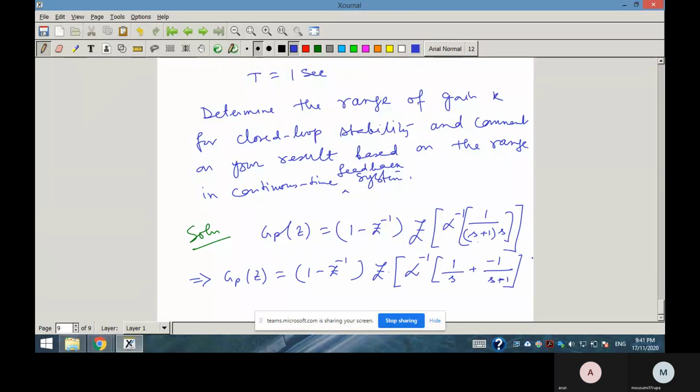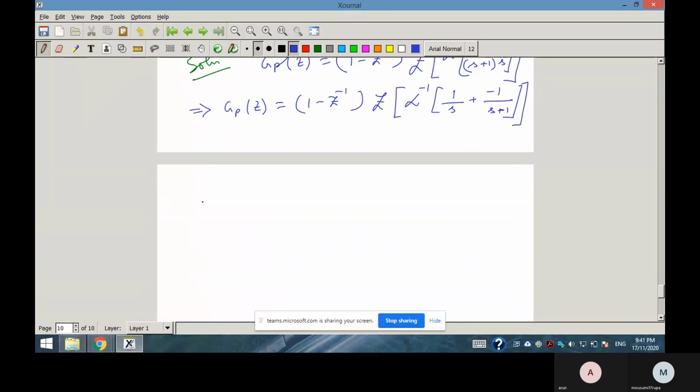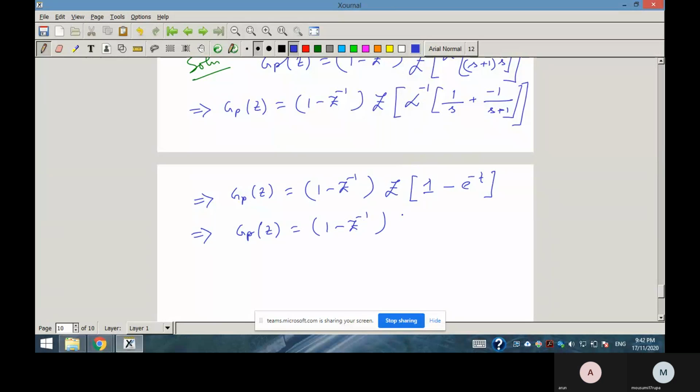So this will imply G(P)(Z) equals (1 minus Z inverse) into the Z transformation of, this will be unit step 1(t) minus, this will be e to the power of minus t. Okay, so this will imply G(P)(Z) will be (1 minus Z inverse) into what will be the unit step function.